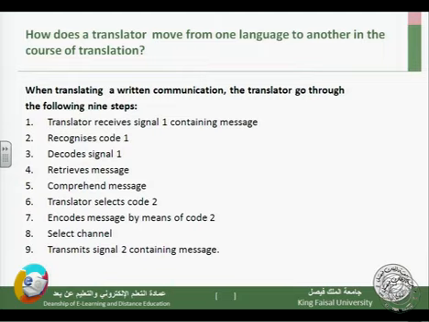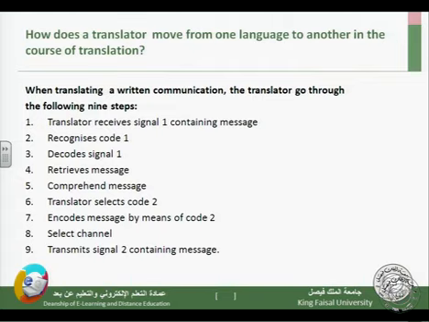The first five steps are followed by any normal communicator. Now the last 4, 6, 7, 8, 9 make the translator different from the normal communicator. What the translator does, he selects code 2. In other words, he selects the code of the language number 2.